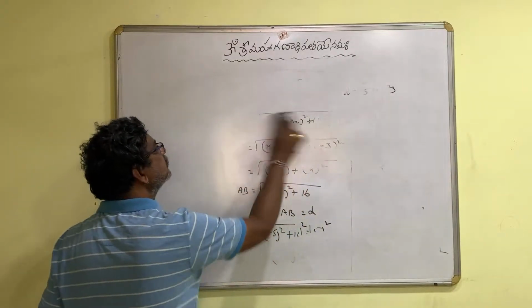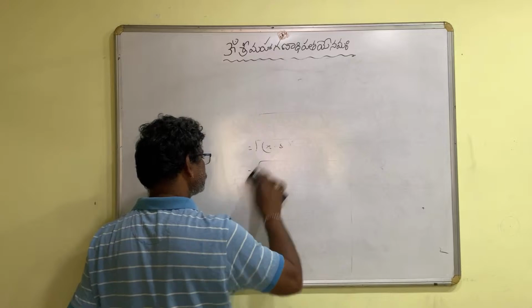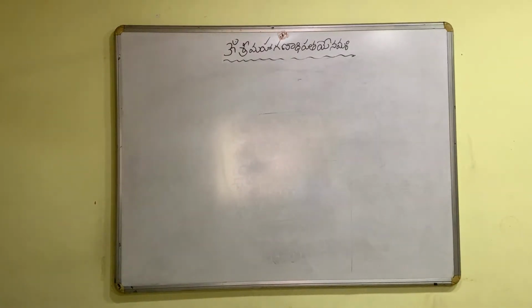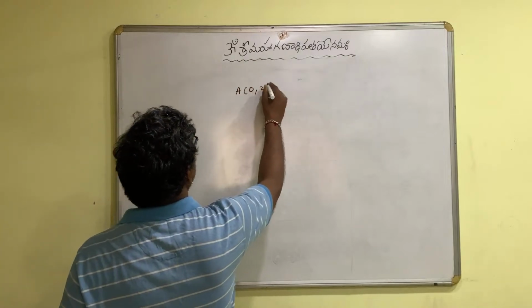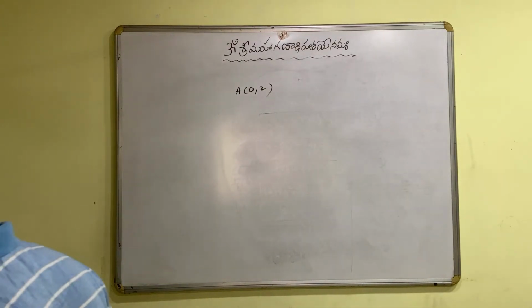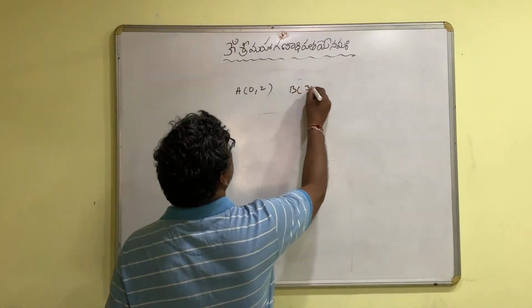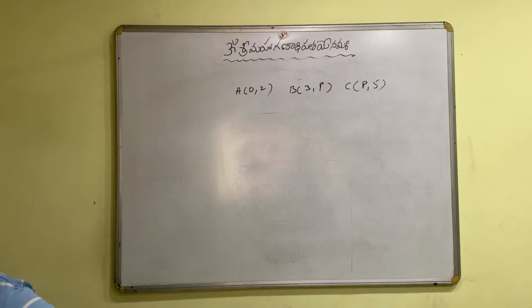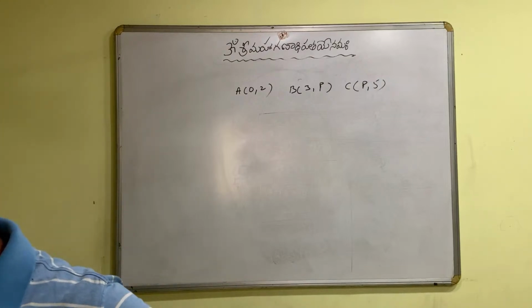Next question. The point A (0, 2) is equidistant from the points B (3, p) and C (p, 5).